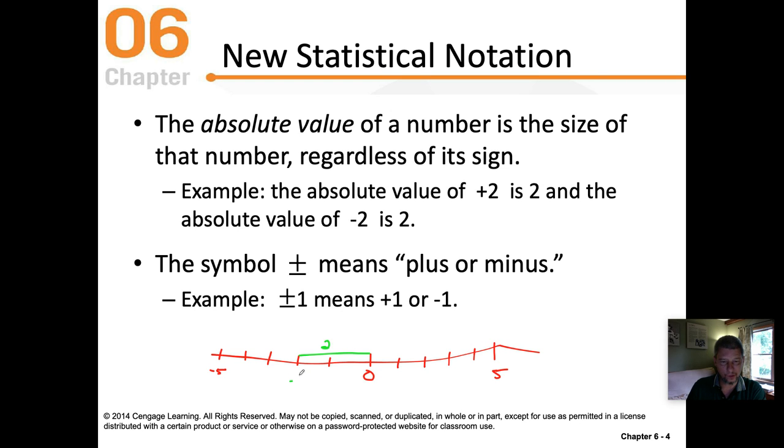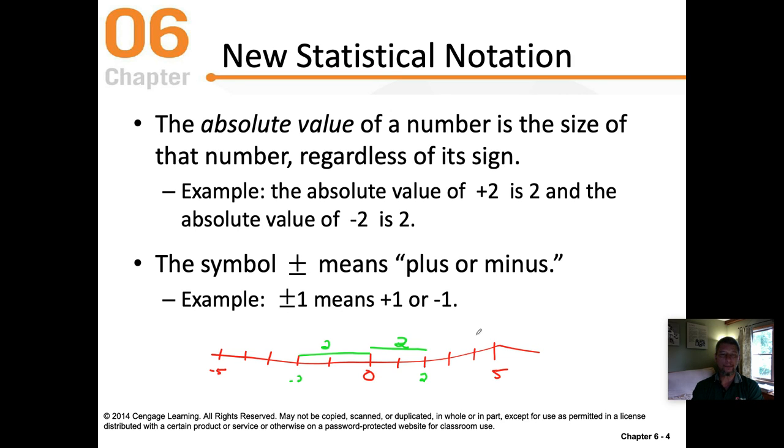Or if this represents -2, and if this one represents 2, then this distance is also 2. And so that's what the absolute value deals with. That's where we're starting with this.